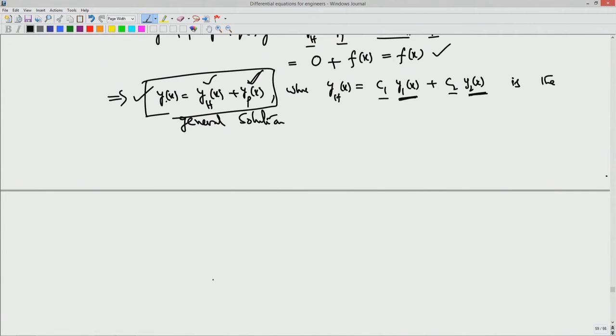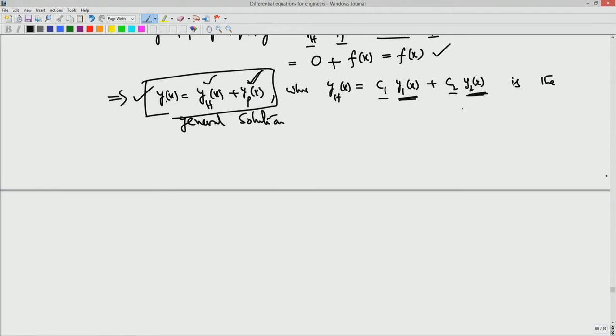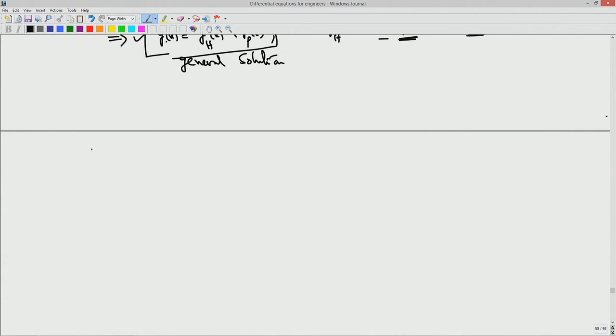First of all, let us see what other equations there are for which you can find y1 and y2. We have seen constant coefficients. Now we will see other kinds of equations where you can find two linearly independent solutions. One is the Euler Cauchy equation.